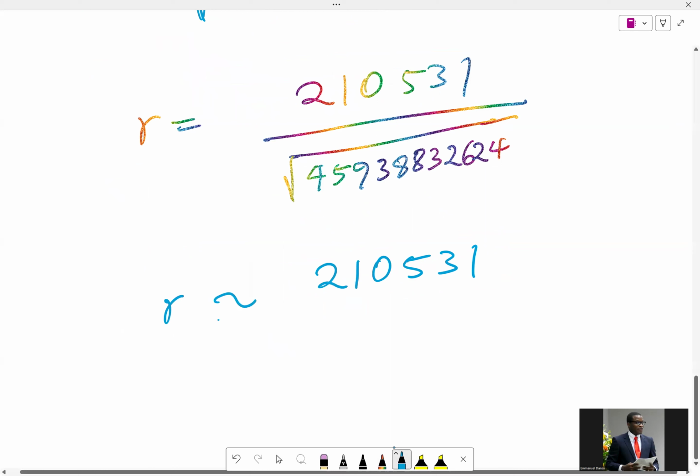So R is approximately 210,531 divided by the square root of that long thing, 45,938,832,624.